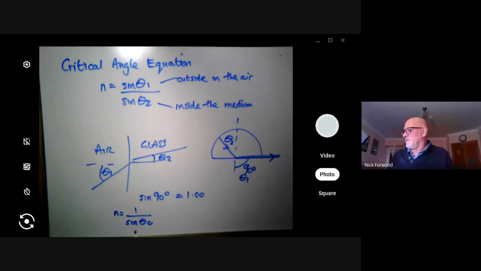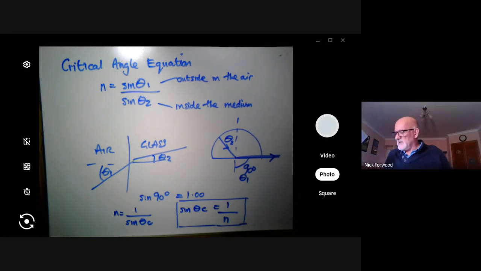And I can rewrite that: sine theta c is equal to 1 divided by the refractive index. So that is a formula which I think is on the data sheet: the sine of the critical angle is 1 over n.